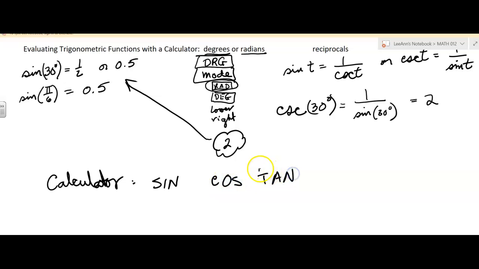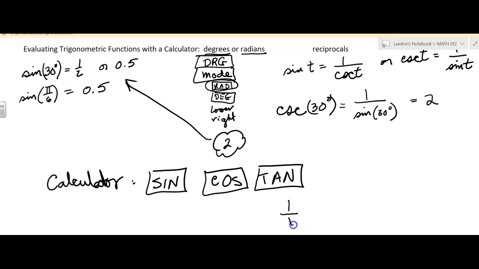I don't have the other three trigonometric functions. So you have to use the 1 over button. Now, some calculators have a 1 over x button. You can use that. You'll have to play around with it. I would try it with something that you know, just to make sure. I don't see that on my calculator.